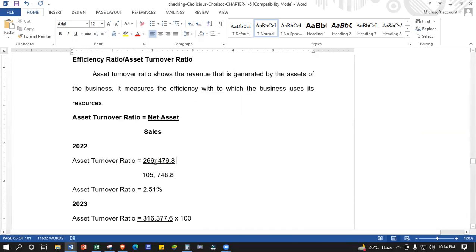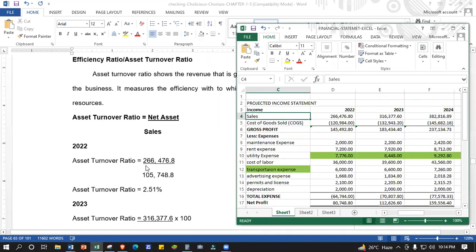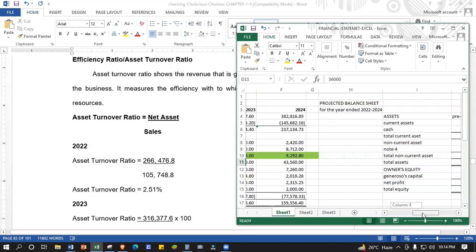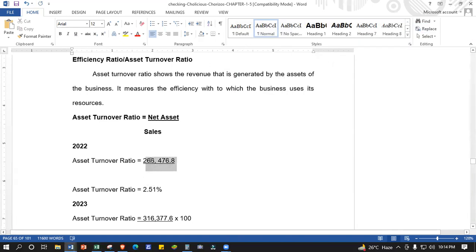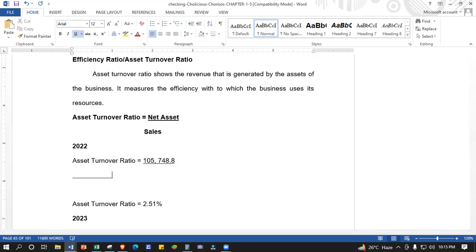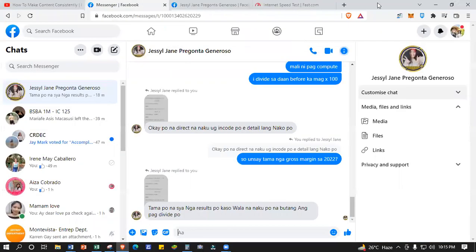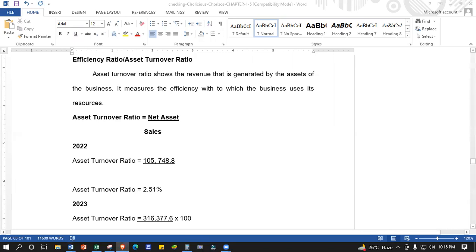So, your net assets 266, your sales, wait. Are you sure? Maybe this is reversed? Let's try. Net assets for year 1 is 105. It's reversed, no? Let me double check the asset turnover ratio formula.